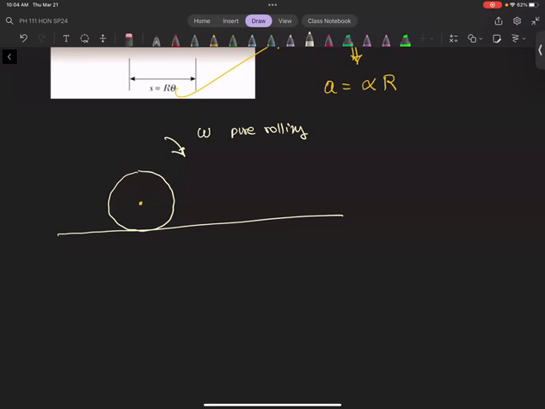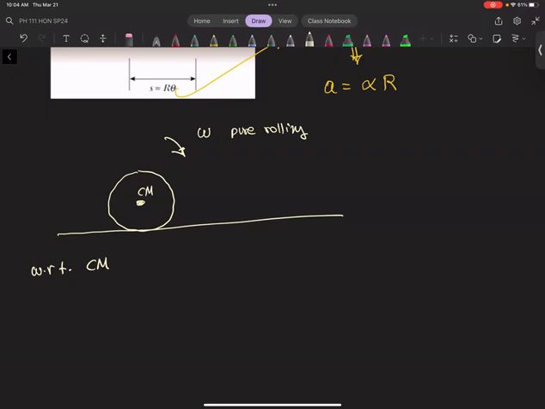So let us see with respect to the center of mass. That is right here, center of mass. So the observer at the center of mass sees two things. He sees the disk spinning about his location, right? But the observer also sees the disk moving forward, yes? Two motions combined, yes?